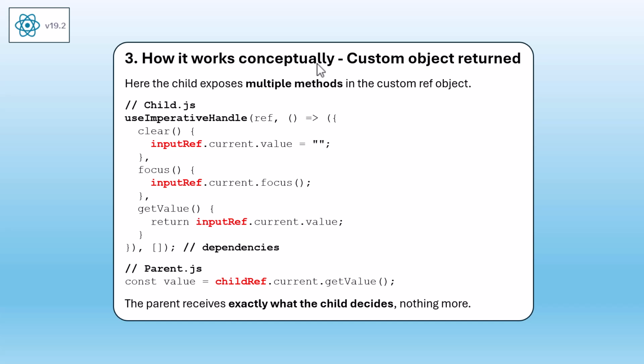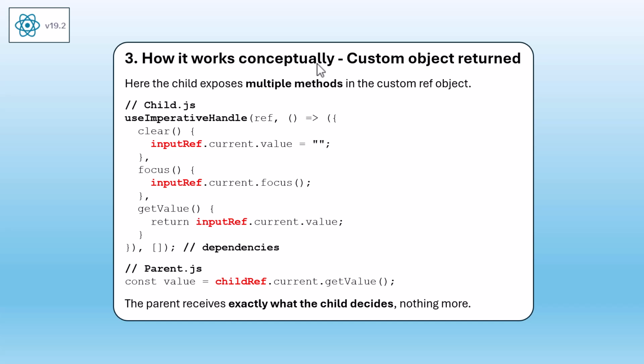When any of these dependencies change, React will re-execute the creator and update the handle as necessary. One key point: the hook must be called at the top level of your component body, just like other hooks. The ref you pass in becomes tied to the object you returned, so the parent component using that ref now sees your object instead of the default.